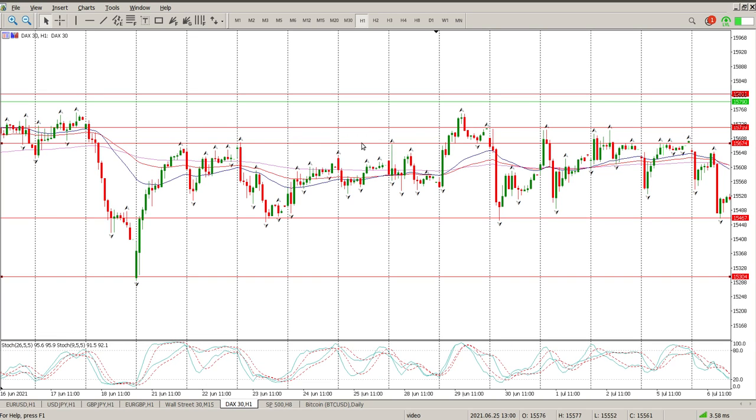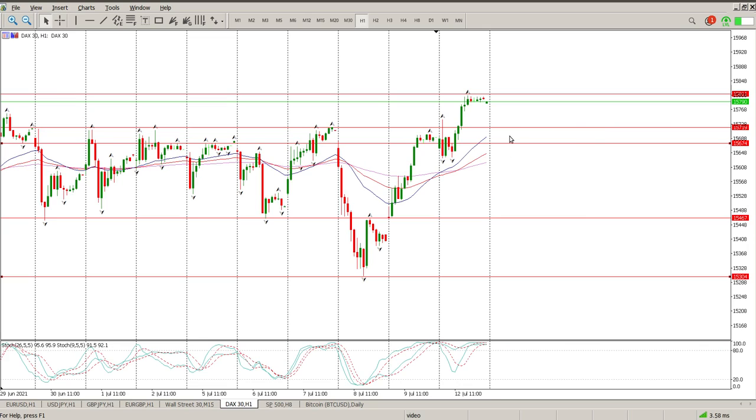That's probably the best bet that we've got, is 15,674. So this is what I'd be waiting for, 15,674, or alternatively 15,719, or probably 15,700 in between that would also offer some support.